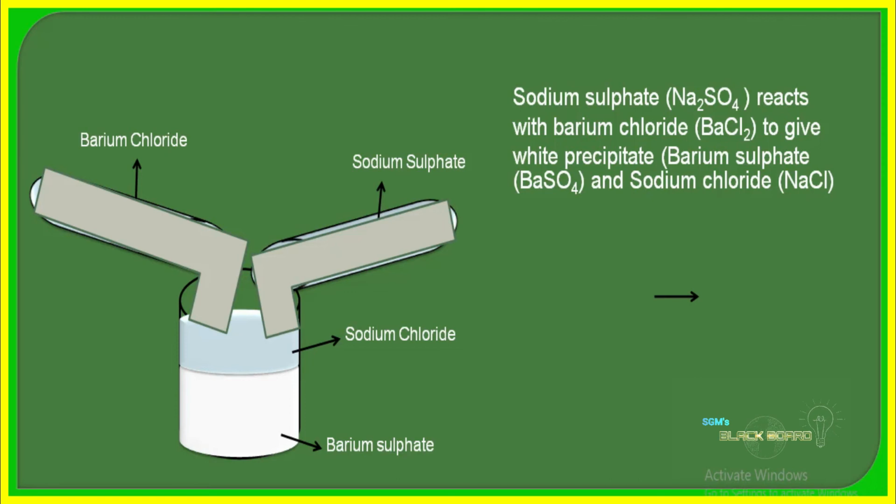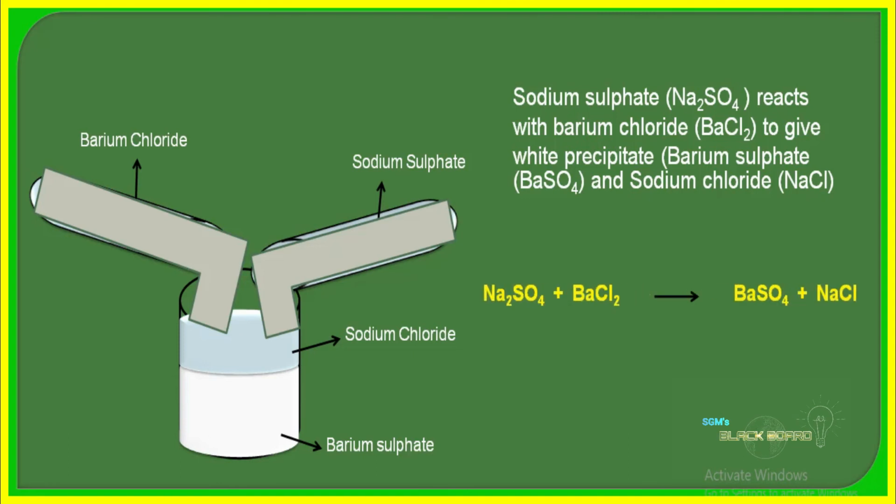Here sodium sulfate formula Na2SO4, barium chloride formula BaCl2. Both of them are reactants. And here barium sulfate BaSO4 and sodium chloride NaCl. Both of them are products.